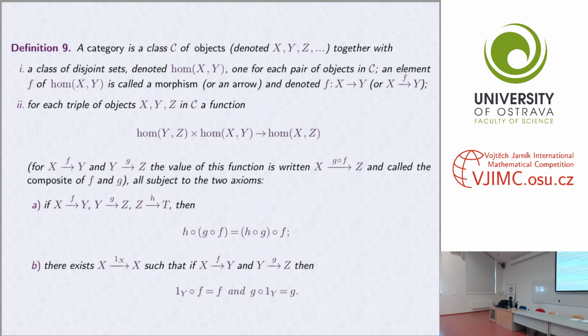There are some issues with the language that I use on this slide. For example, somebody who is really picky might question why we call this composition of morphisms a function, while maybe all those hom sets, all those collections of arrows between two objects, are not sets, and it doesn't really make sense to speak about a function in this context.